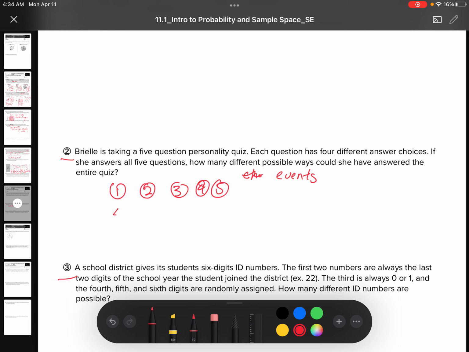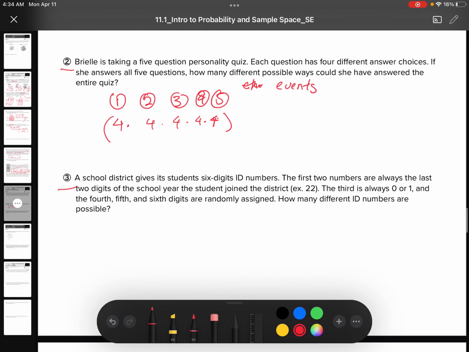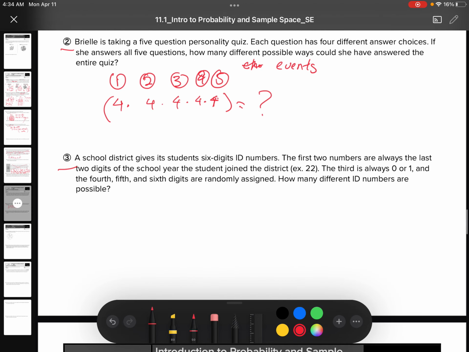Each of them has 4 different answer choices. If you want to know the different ways that you can answer the quiz, just multiply 4 times 4 times 4 times 4 times 4. That's it. You're done. Make sure you put that in the calculator.